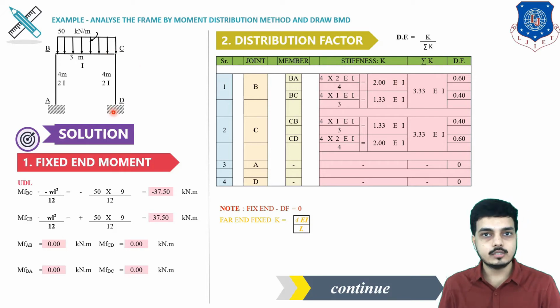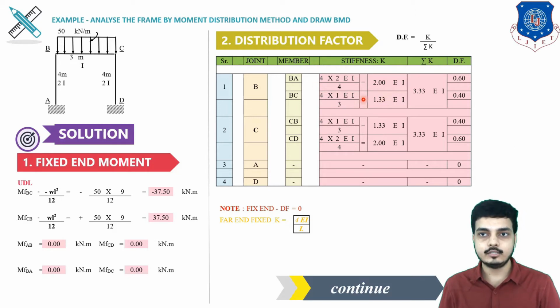Now B to C. Here you can see C is not an external support, it is an internal, intermediate support. It comes between B and D. So we have to consider this joint as a fixed joint in the calculation of stiffness. So the formula remains 4EI upon L. L is 3 meter and EI is 1, so the answer is 1.33.